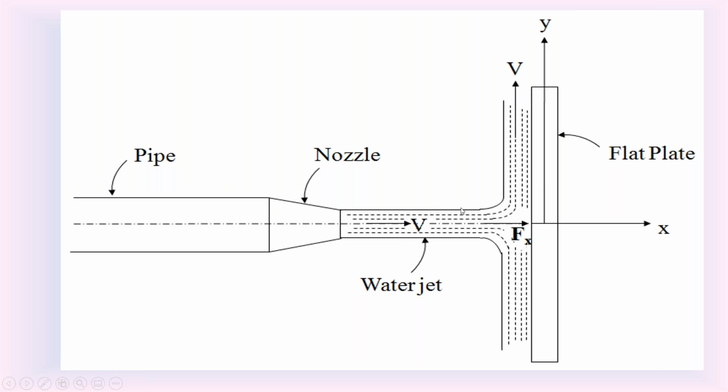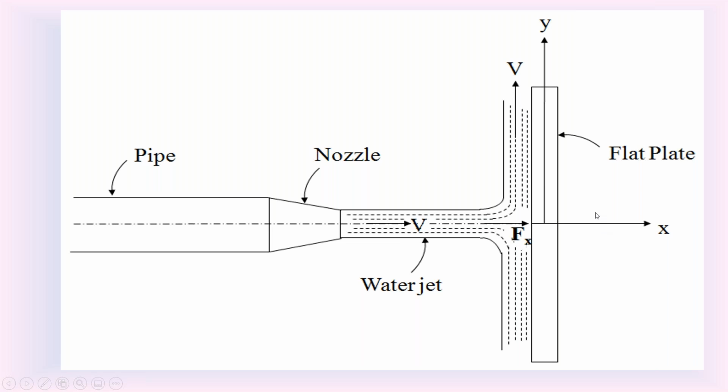What is the final linear momentum of the water jet in the direction of force Fx? So please check that carefully. The final linear momentum of the water jet in the direction of force Fx is the mass of the water jet times the final velocity of the water jet in the direction of force Fx. Final velocity is vertical. So the final velocity in the direction of force Fx is 0.